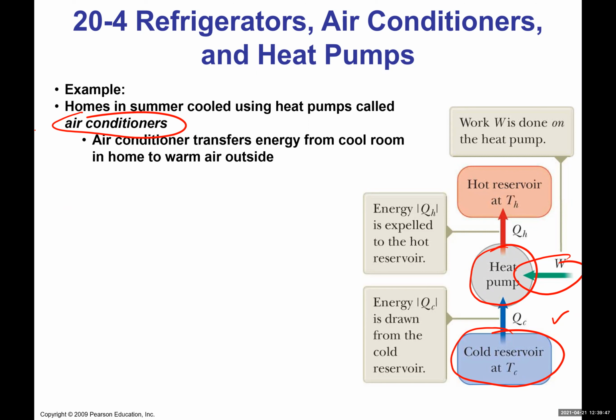So you can think of it like this: the heat is flowing from the inside air to the outside. You're technically reusing the same air that you have inside; you're just removing the energy. Okay, so let's look at the cycle.